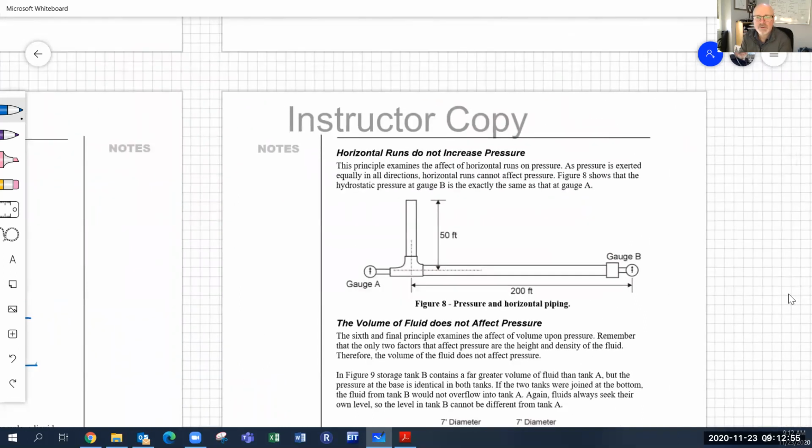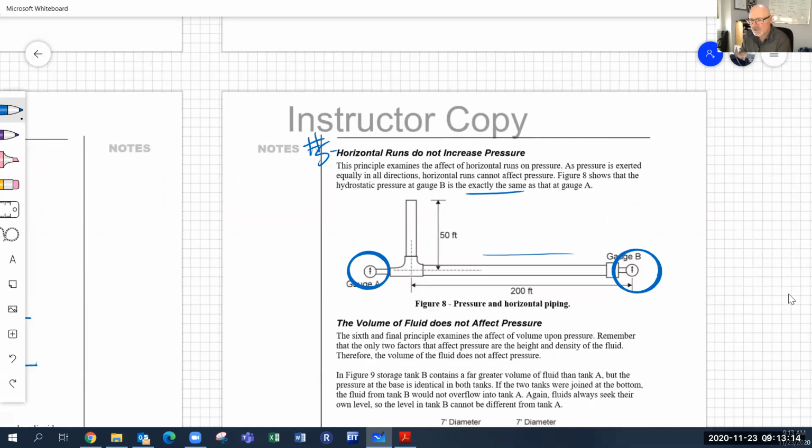Then we get over here to number 5. This principle is: horizontal runs do not increase pressure. So what they're saying is gauge A here and gauge B should be exactly the same.